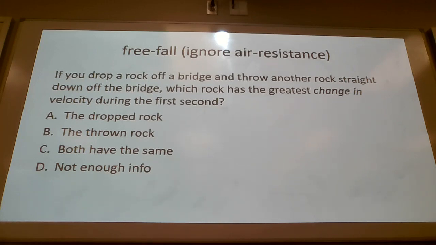Which rock experiences a greater acceleration after it is released from your hand? Which one experiences a greater acceleration after it's released from your hand? Tell your neighbor.